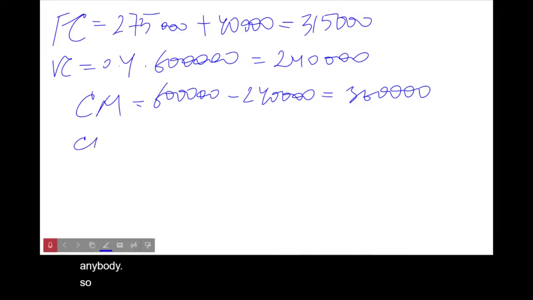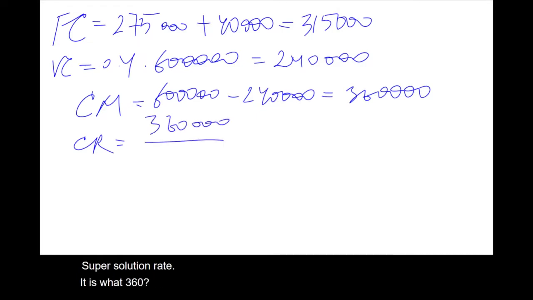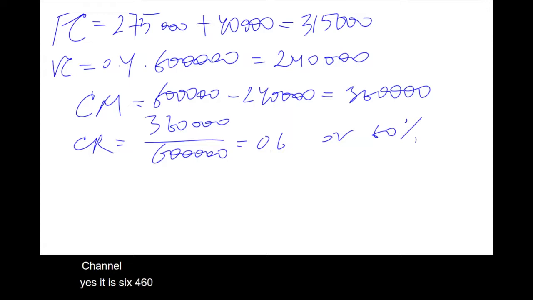So the contribution rate is 360 over 600, and it will be 60%, I believe. Double check. Yes, it is 0.6 or 60%.